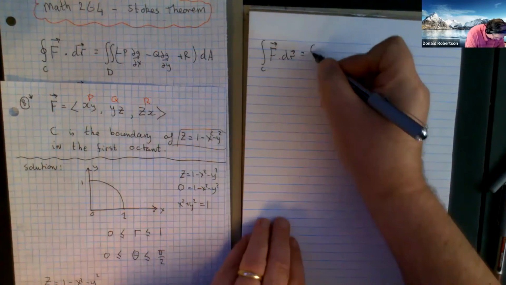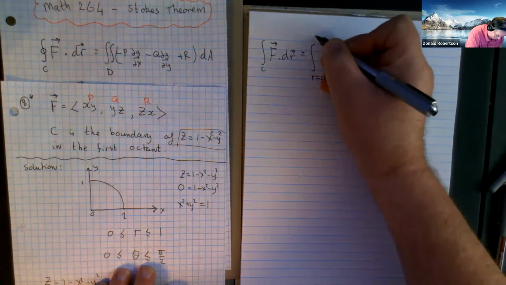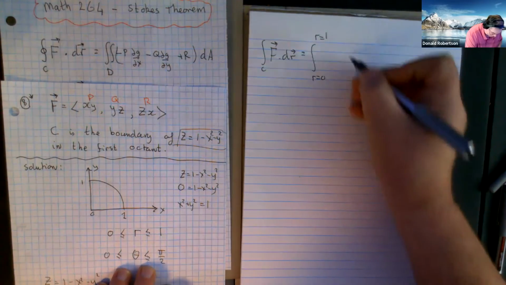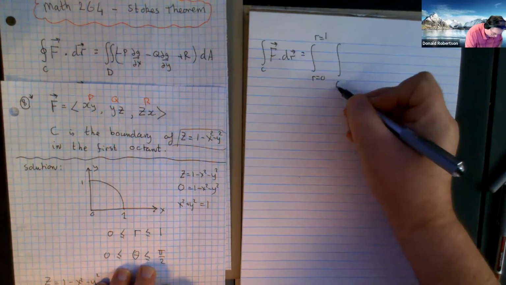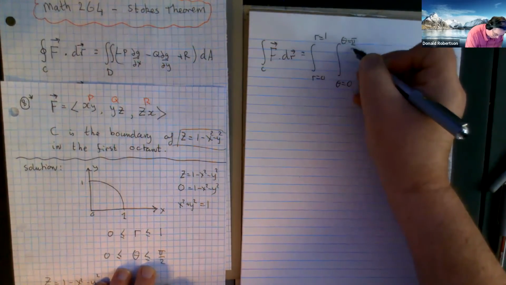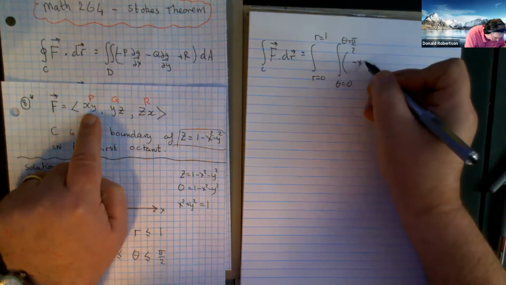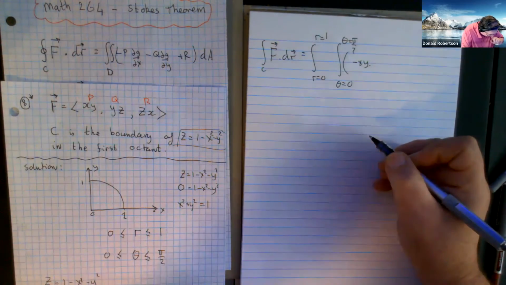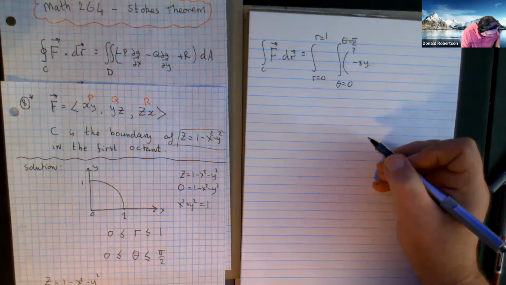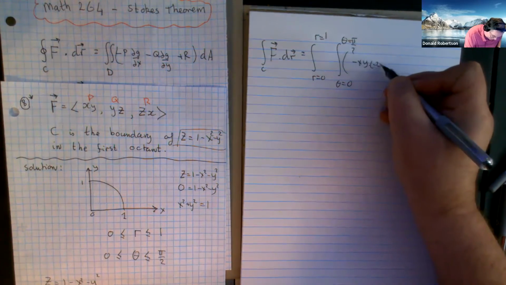is equal to the integral from r equals 0 to r equals 1, the integral from theta equals 0 to theta equals pi upon 2, negative p, so negative xy, and then you differentiate this guy with respect to x, and you get another negative 2x.